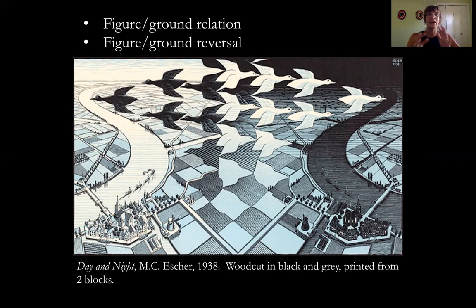So he's reversing the figure-ground relationship and making it so that halfway through the painting, as you look across the painting, you're seeing that the white space actually turns into positive space as it becomes the birds flying this way, and the black space, the birds, becomes the negative space then in between the white birds to this side of the painting.